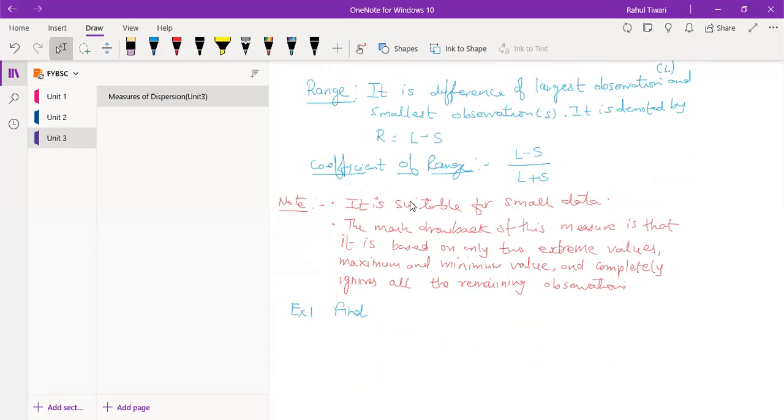Find the range and coefficient of range of the weights of 7 students from the following data.